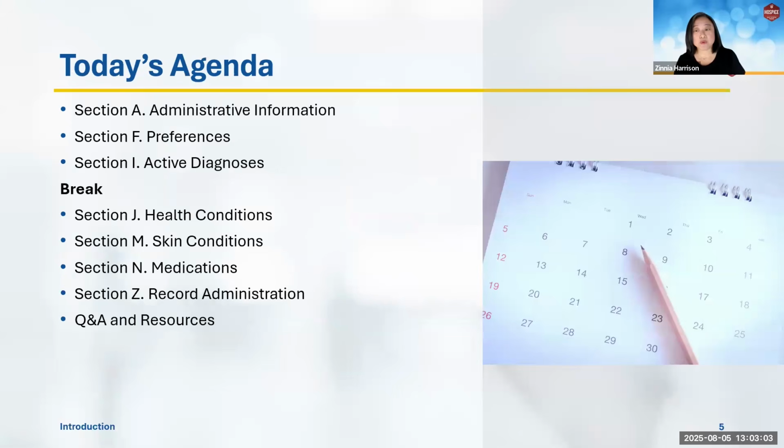During this training, we will review each section of HOPE. So Section A, Administrative Information, Section F, Preferences, Section I, Active Diagnoses, Section J, Health Conditions, Section M, Skin Conditions, Section N, Medications, Section Z, Record Administration. I anticipate at least one break, possibly two.